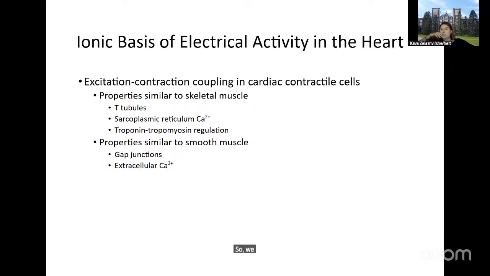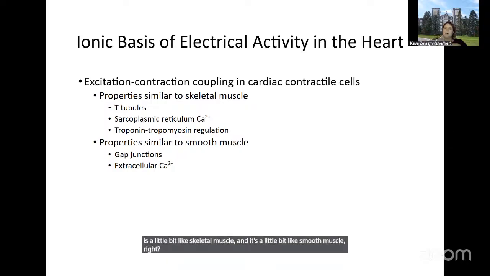So we are going to have to couple up excitation and contraction in the heart. So we have to link up electrical signaling to actually contracting cells. And we're going to see that because we're thinking about heart muscle now. Cardiac muscle is a little bit like skeletal muscle and a little bit like smooth muscle.